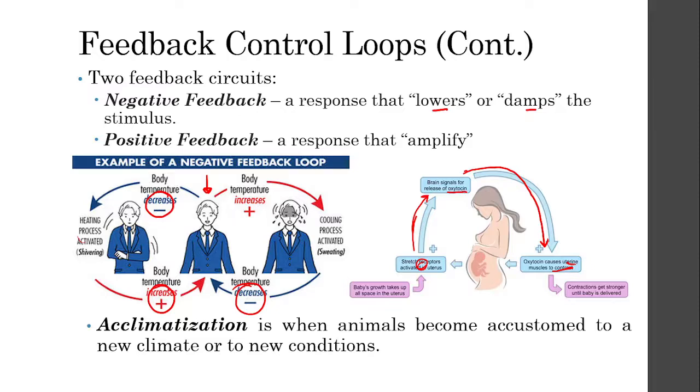So there is a change in the temperature where you are living. For example, some areas in Canada are always cold. What happens then is that your body will start to acclimatize. It will start to become more accustomed to the new climate or the new conditions that you're living in.